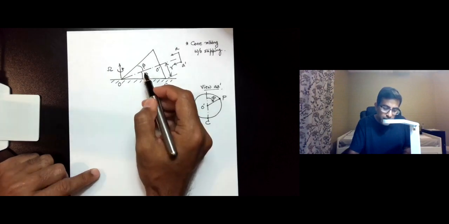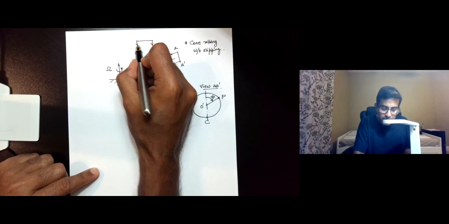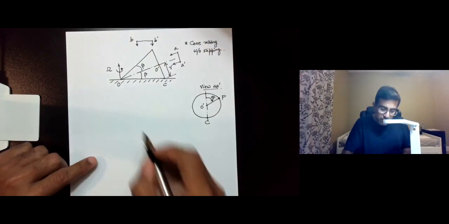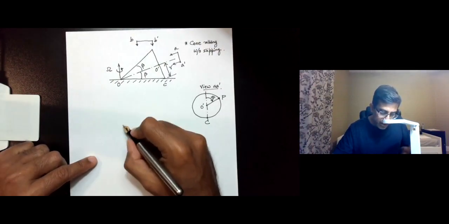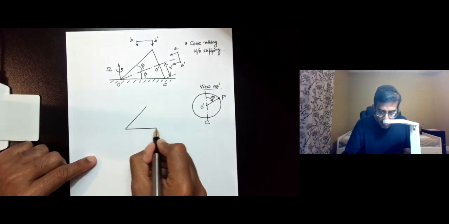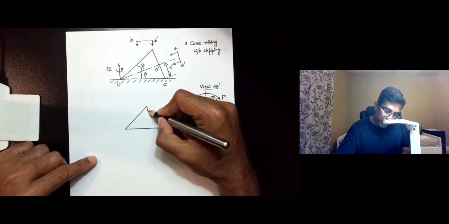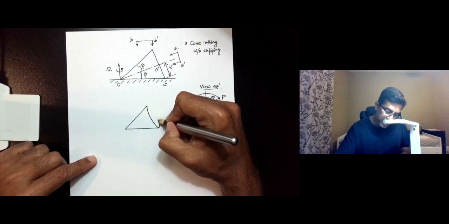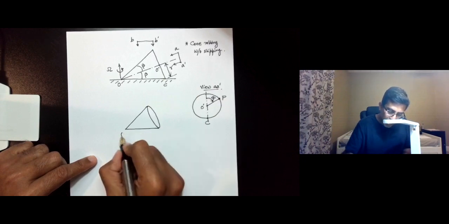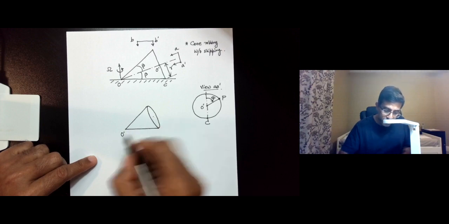Now if you take a top view of this cone, let's call that view B prime, the cone would look like this. This is the point O, not O prime.